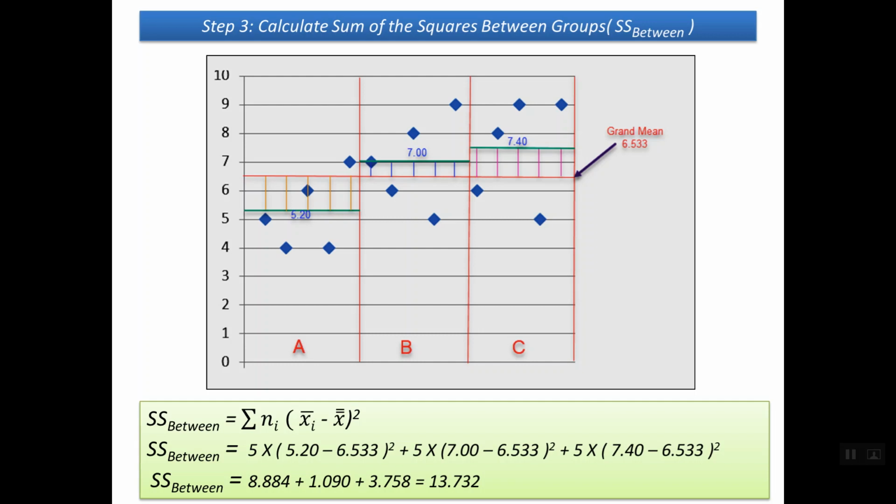So the third step is to calculate the sum of squares between groups, abbreviated as SS between.